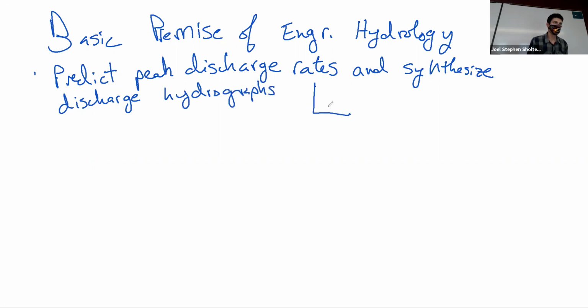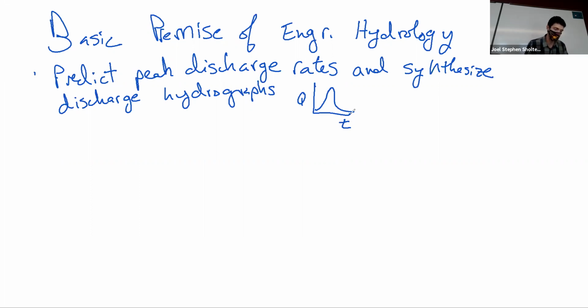A hydrograph is simply discharge, sorry, this should be time. Time and discharge, and so it's just discharge over time. So we want to be able to synthesize, which means fabricate or make up, these discharge hydrographs, because often we don't have observations of flow in a particular area.